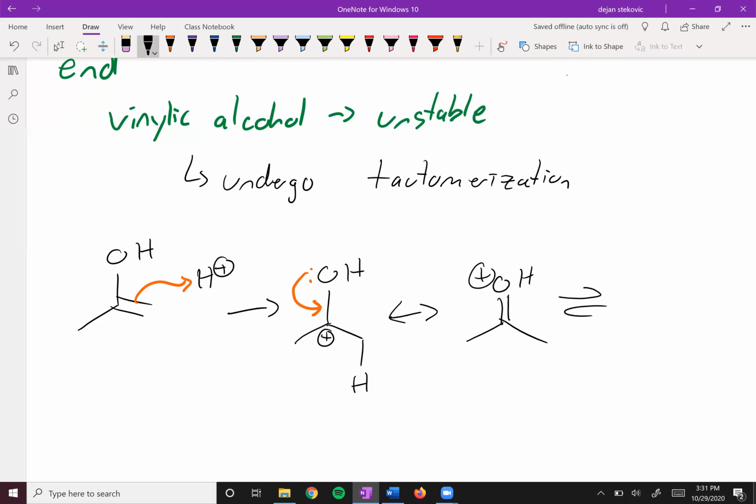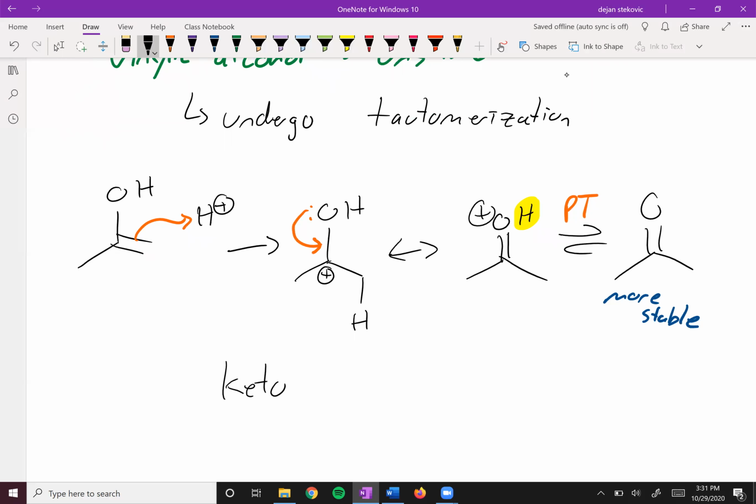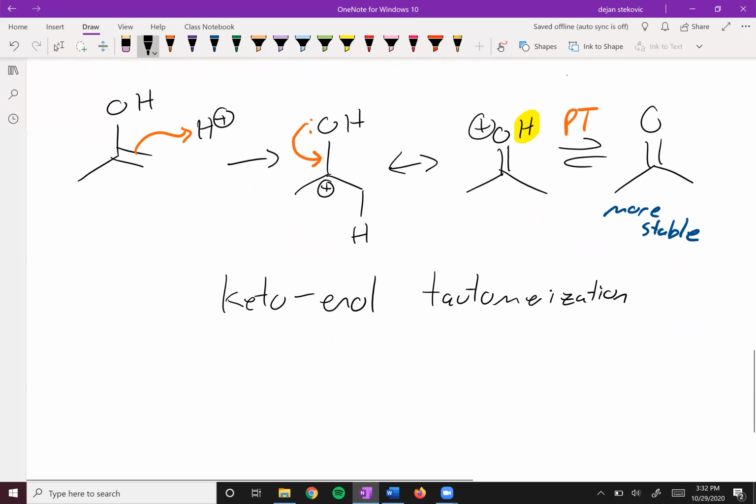And then we simply have a proton transfer, right? This proton right here is going to get taken away by some solvent molecule, and we'll end up with our ketone, which in most cases is going to be the more stable component. And so this is known as keto for ketone, enol for the enol tautomerization. Right, so the enol is relatively unstable, and so it undergoes tautomerization to form a ketone instead.